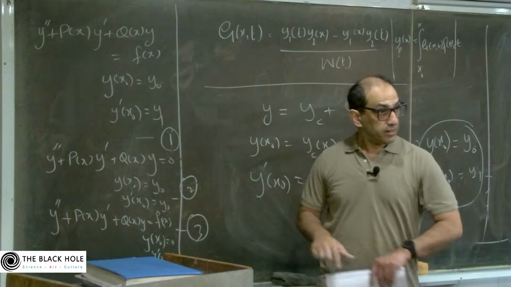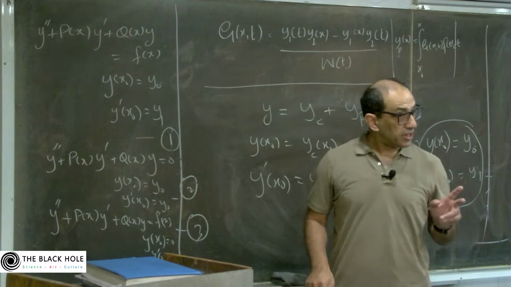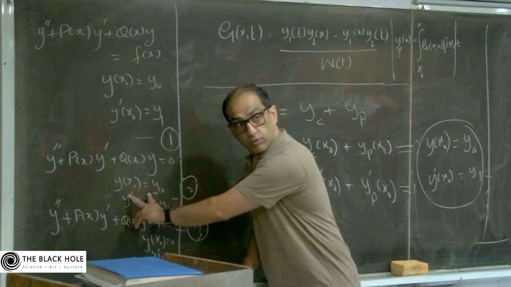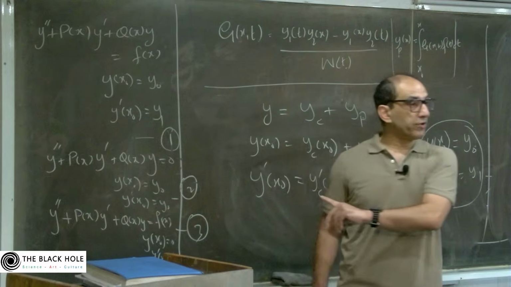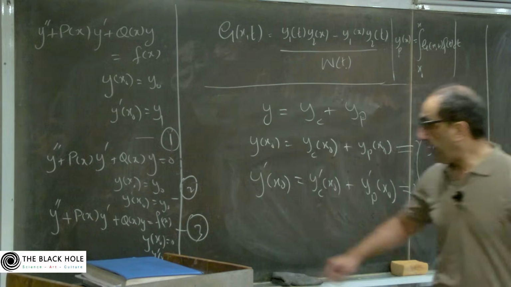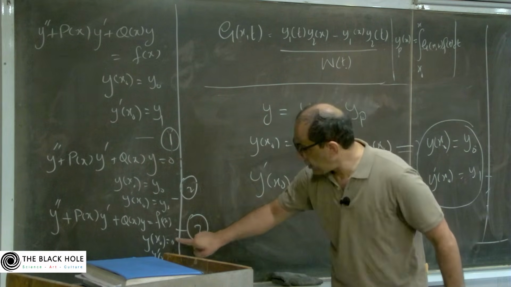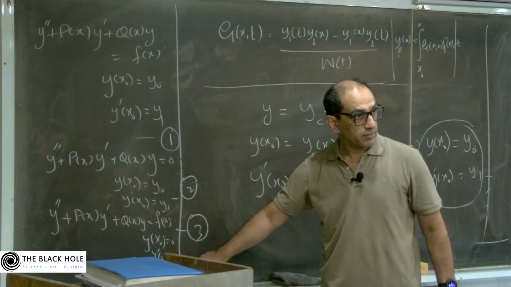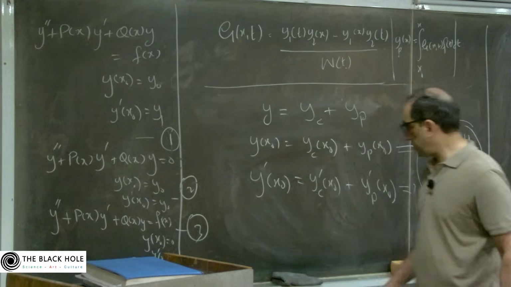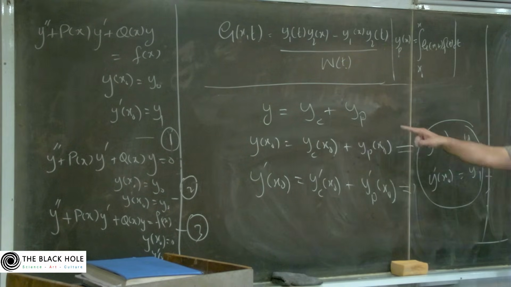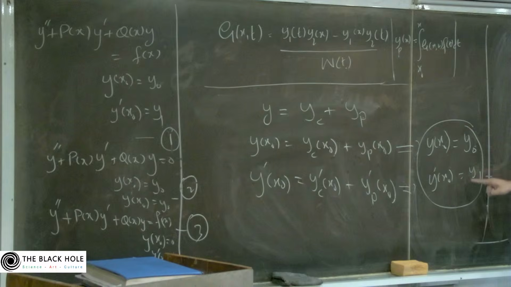But we said that the problem would be such that for the homogeneous part, y of x naught will be y naught and y dash of x naught will be y1. And for the non-homogeneous part, the initial value problem conditions would be these. So now you just plug them into y is equal to yc plus yp, and you see that this is exactly what it is.